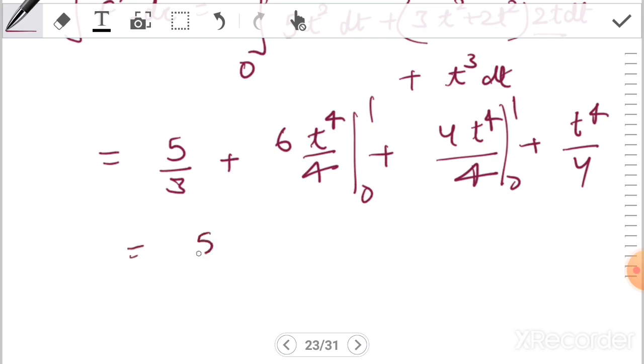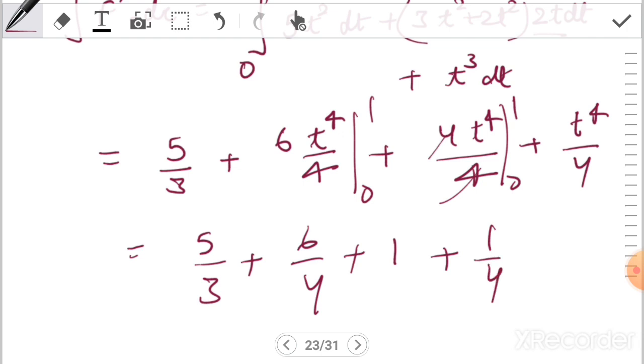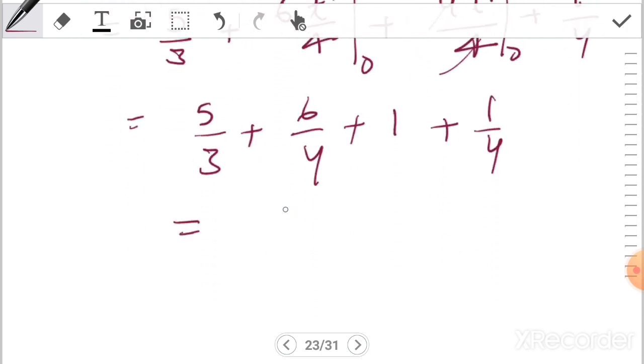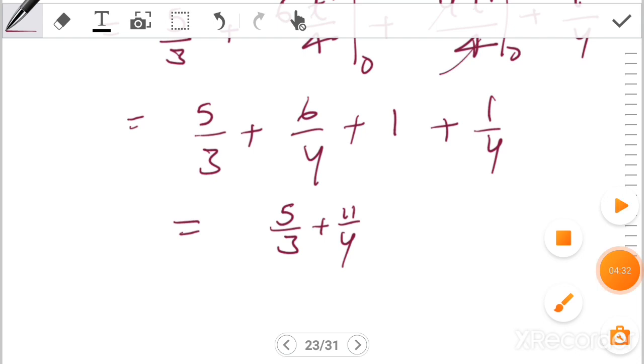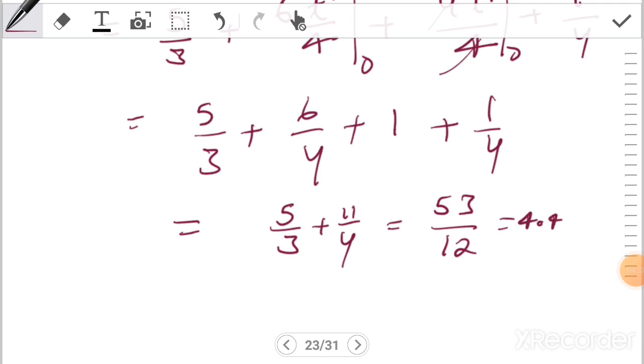So now 5 by 3 plus 6 by 4 plus 1, so this 4 gets cancelled, so 1 plus 1 by 4, which is equal to 5 by 3 plus 11 by 4. So 53 by 12, which is 4.41.